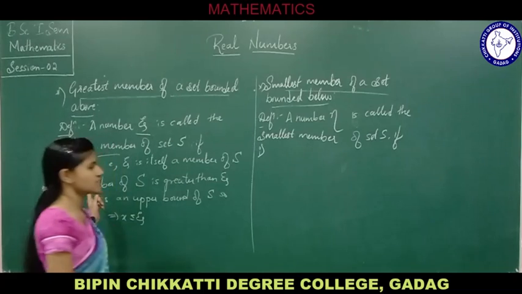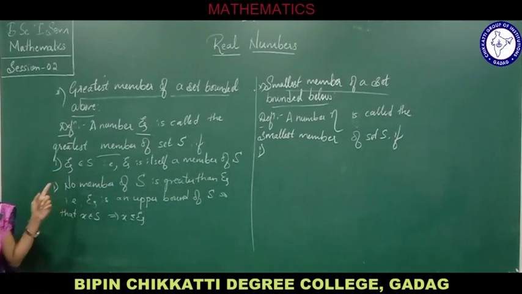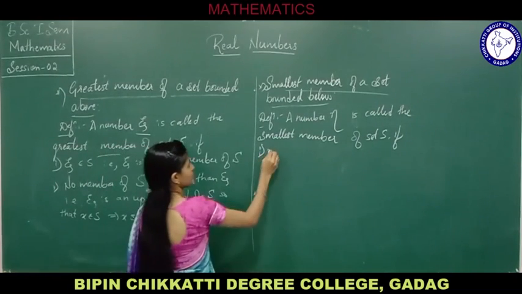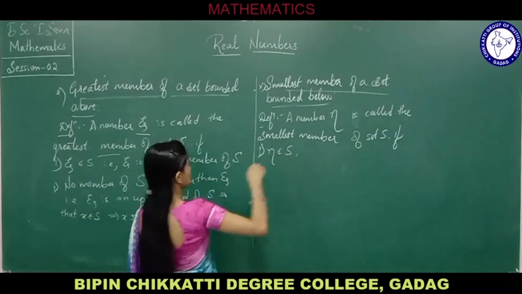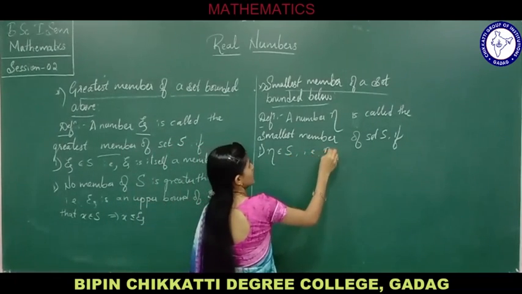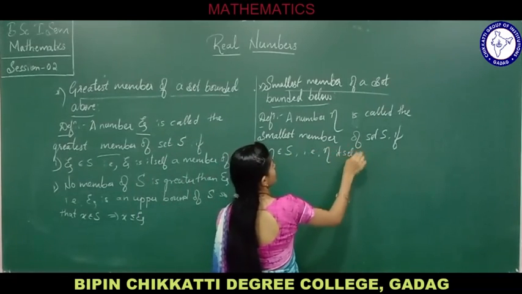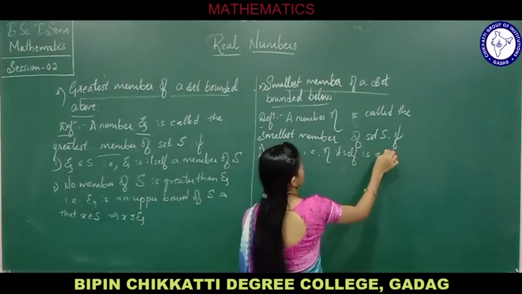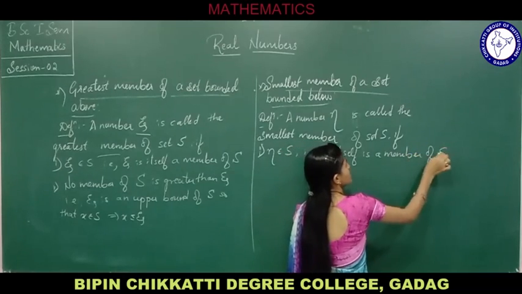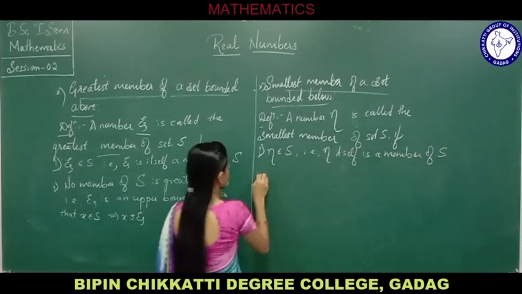Here our first condition is that eta should belong to S. This eta should belong to S, that is, eta itself is a member of S.